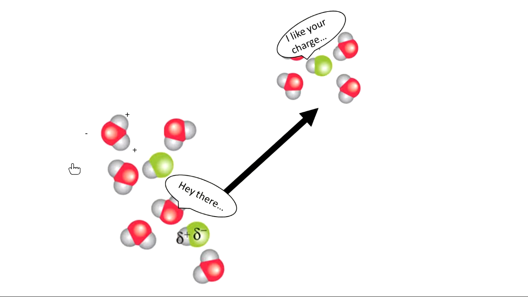Let me check my chat really fast. Do we have some specific atoms that can only attract the hydrogen to make a hydrogen bond? Hydrogen bonds typically form between oxygen and hydrogen or between nitrogen and hydrogen.